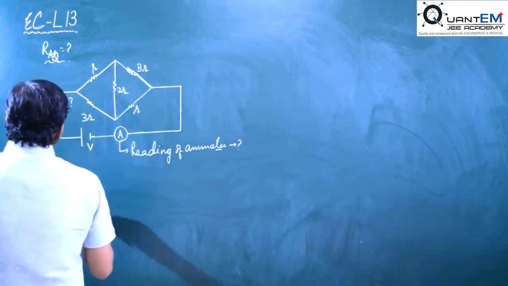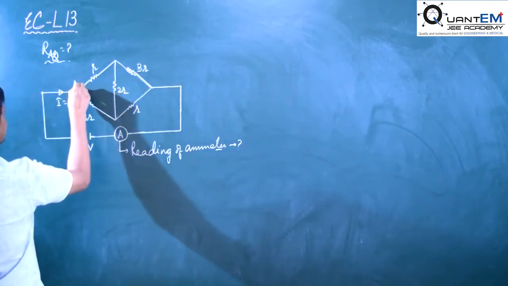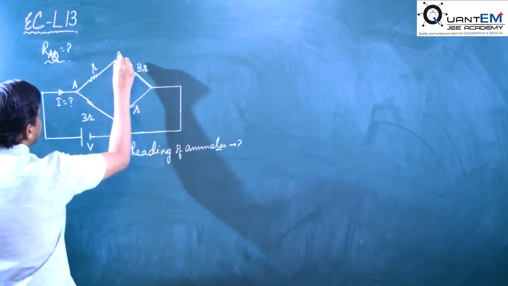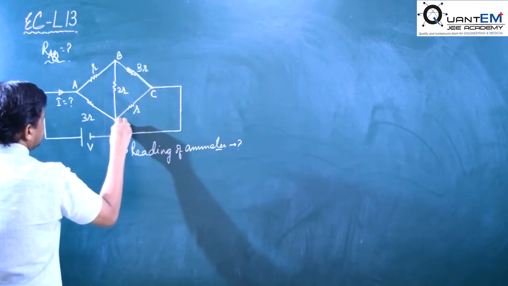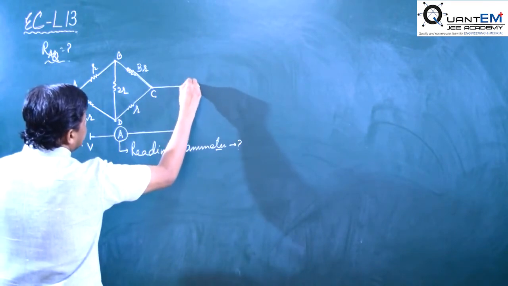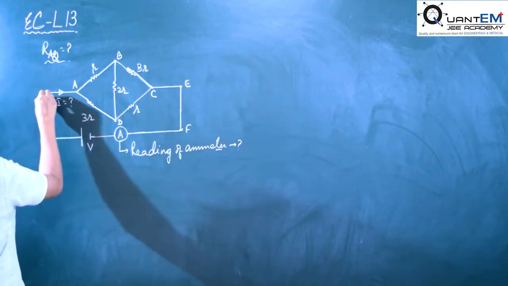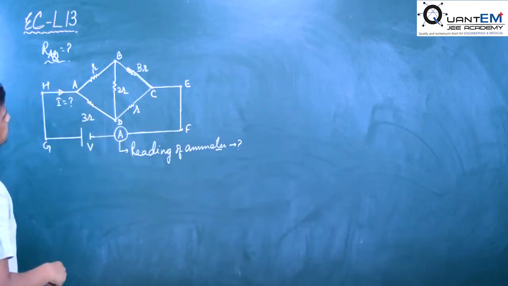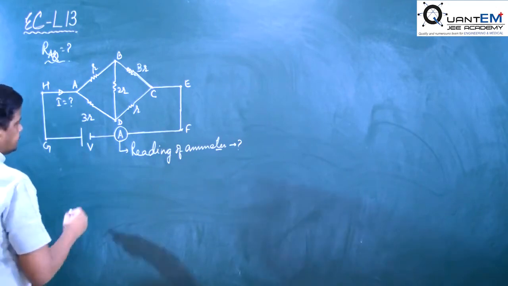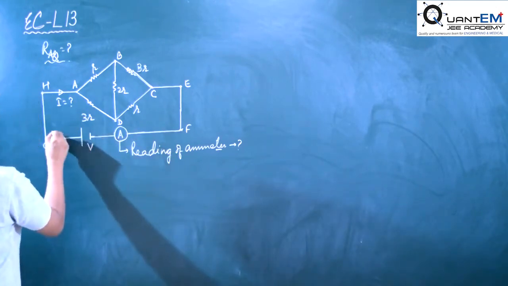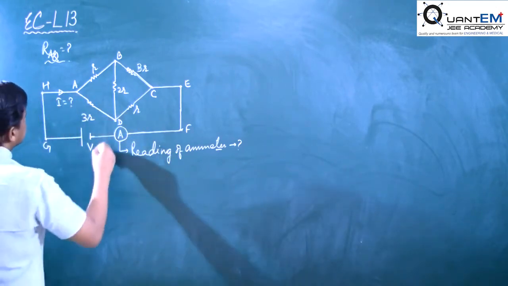So now we consider some points here. Suppose this point is A, it is B, C, D, E, F, G and H we have. So what we have to do, say current I is flowing through the circuit.